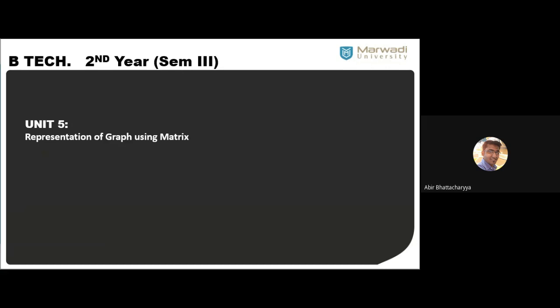We need some maths. How can I employ mathematics into a graph, into a picture? Using matrix. All right. So we will try to employ mathematics into graph theory using matrix. So that is what it is all about.